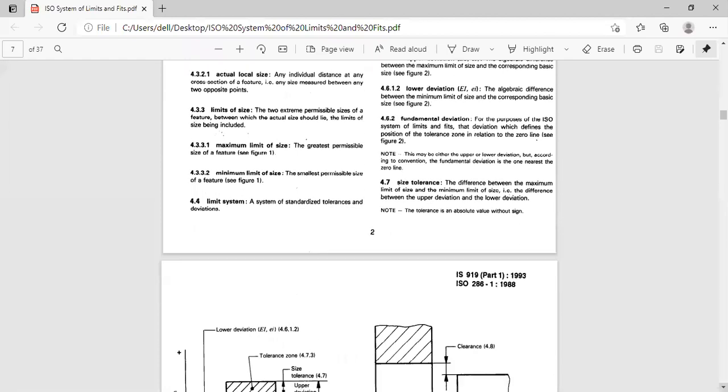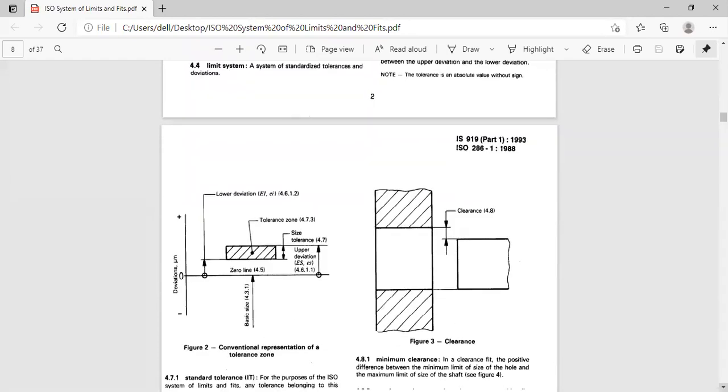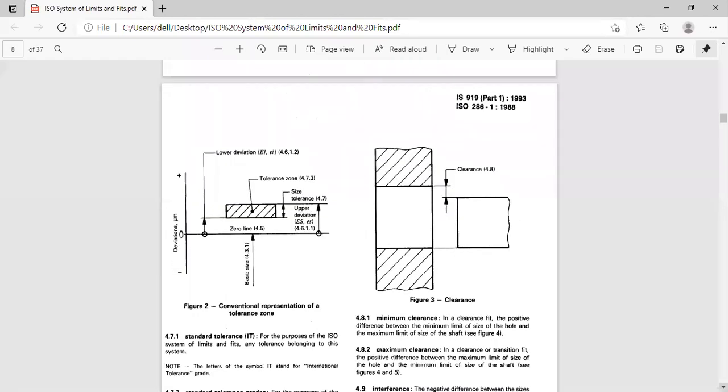So I want to again stress how you conventionally represent a tolerance zone. You have to represent it like this: the zero line, and this is the standard tolerance, the tolerance zone. How much it is above the zero line, from here to here, is the lower deviation, and from the zero line to this particular part is the upper deviation.